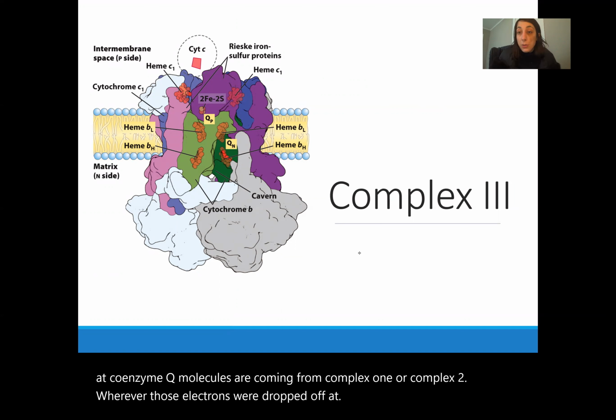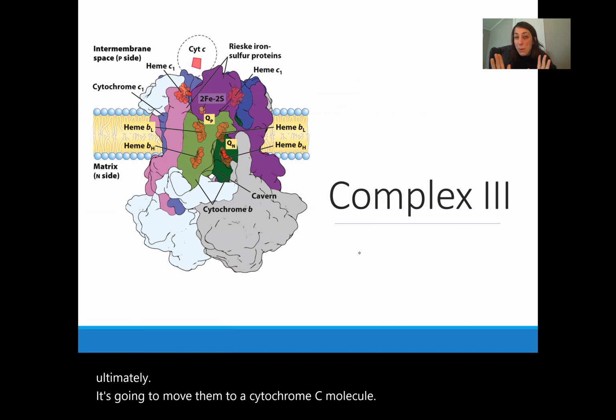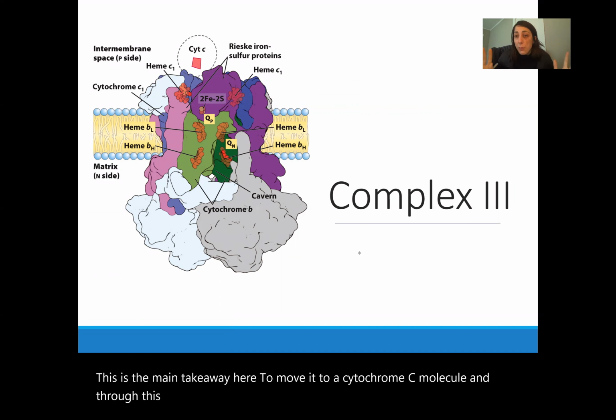It is going to be using those coenzyme Qs, dropping off electrons, and ultimately it's going to move them to a cytochrome C molecule. This is the main takeaway. You're going to move it to a cytochrome C molecule, and through this process, transfer 4 protons through into the inner membrane space.